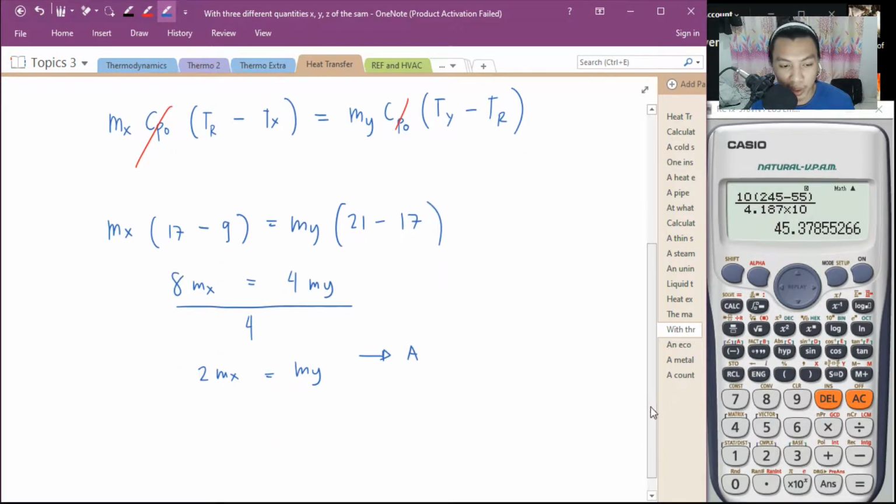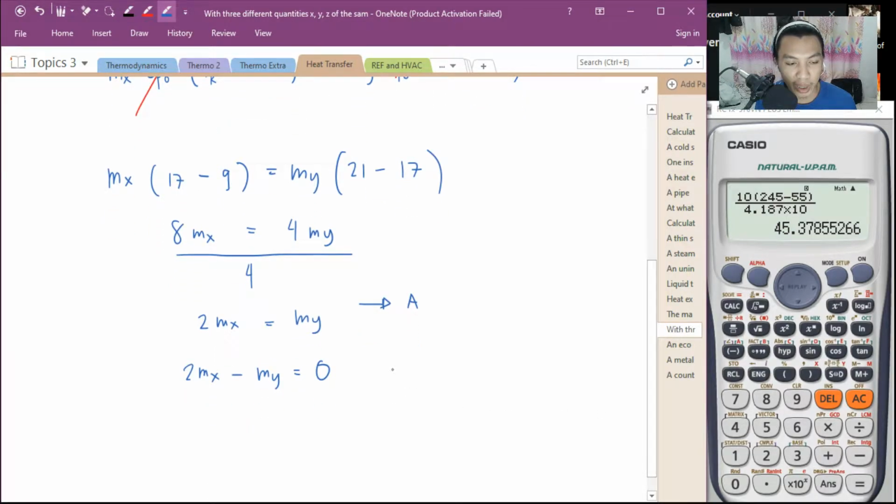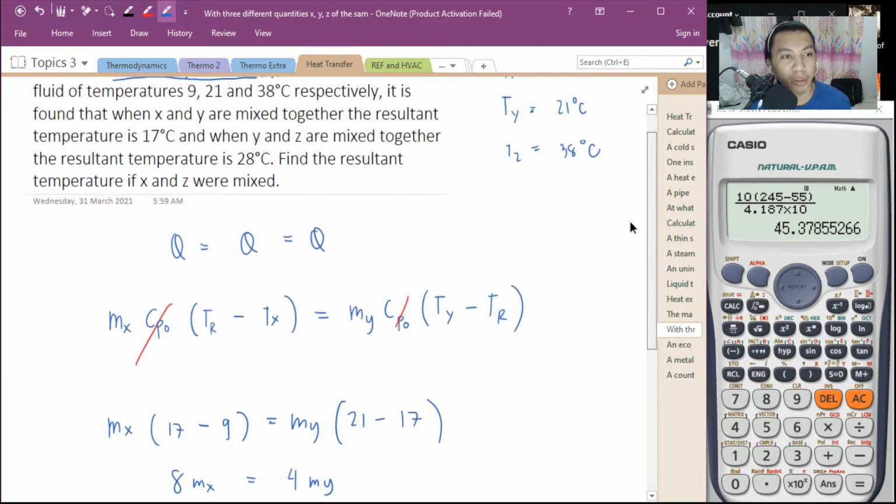Okay? I-reform natin. 2MX minus MY equal to 0. Yan yung equation A natin. How about, sabi dito, when Y and Z are mixed.